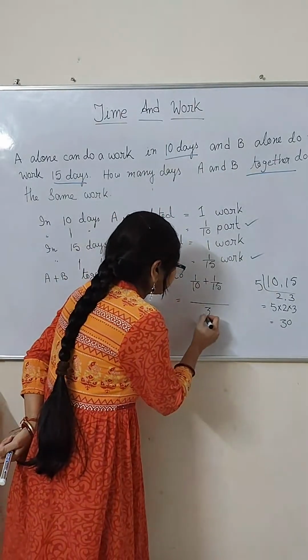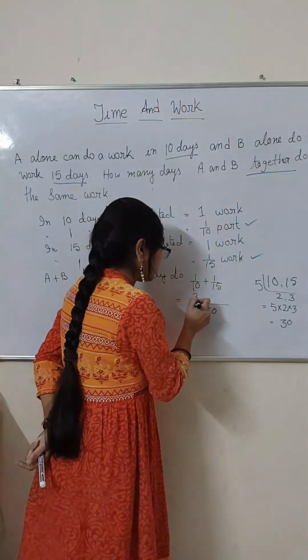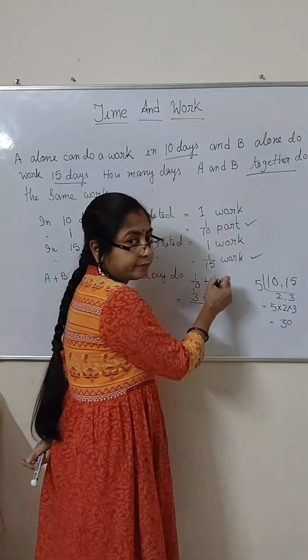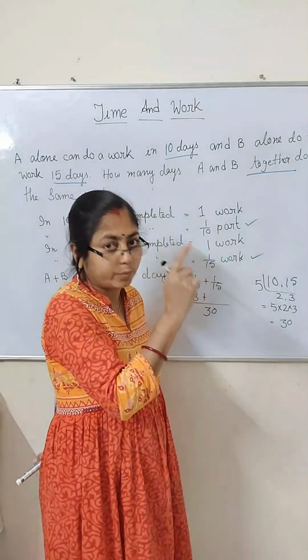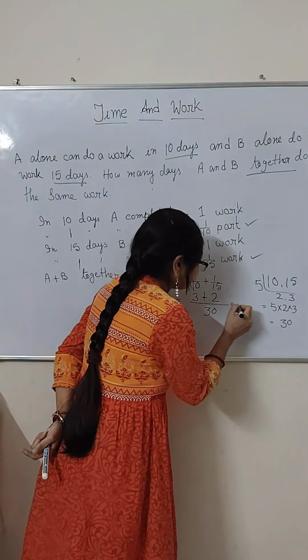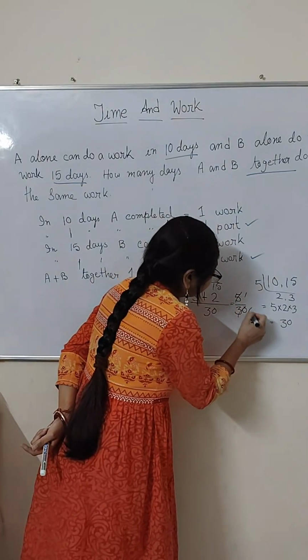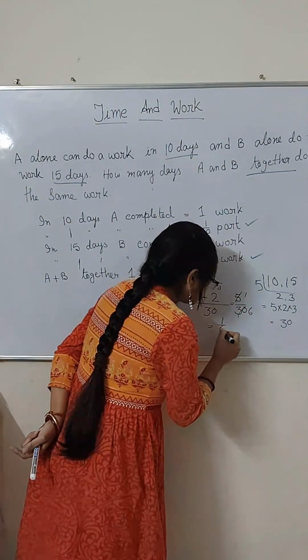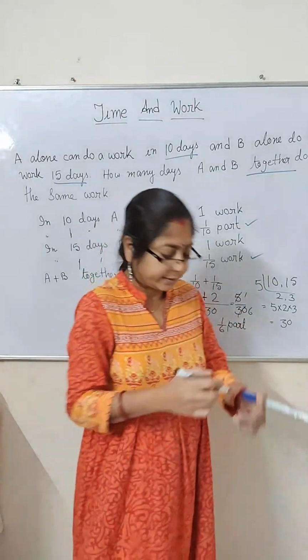So 30 divided by 10 is 3. 3 into 1 means 3. Then 30 divided by 15 is 2. 2 into 1, the upper side numerator is always multiplied. So 2. It is 5 by 30. Now let's simplify. 1 by 6. 1 by 6 part, they completed in one day.